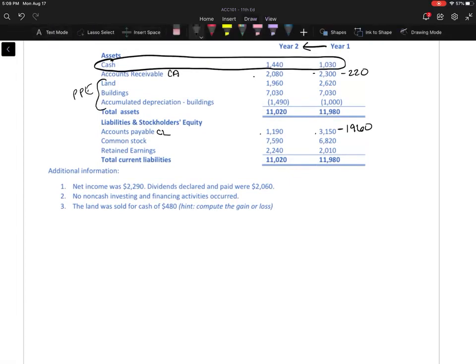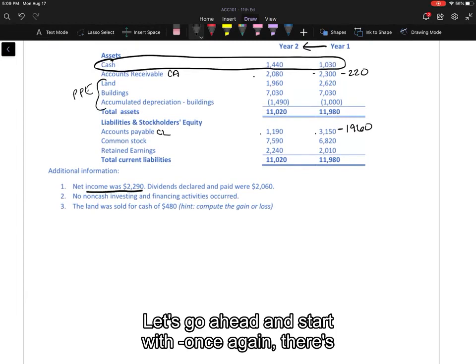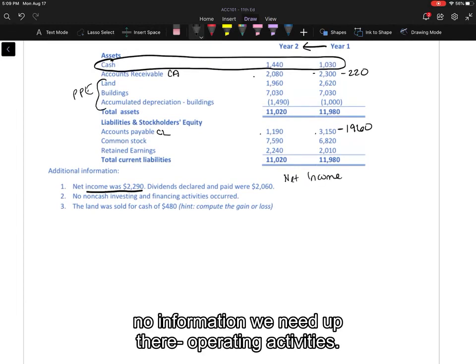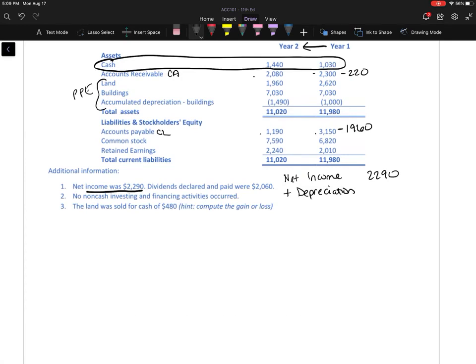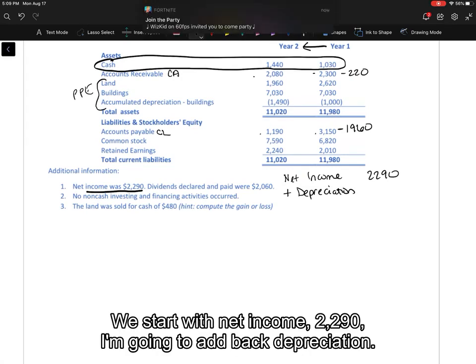All right, so let's go ahead and just start with, let's see, there's no information we need up there, right? Let's start with just the operating activities. So we start with net income, $22.90. I'm going to add back depreciation.